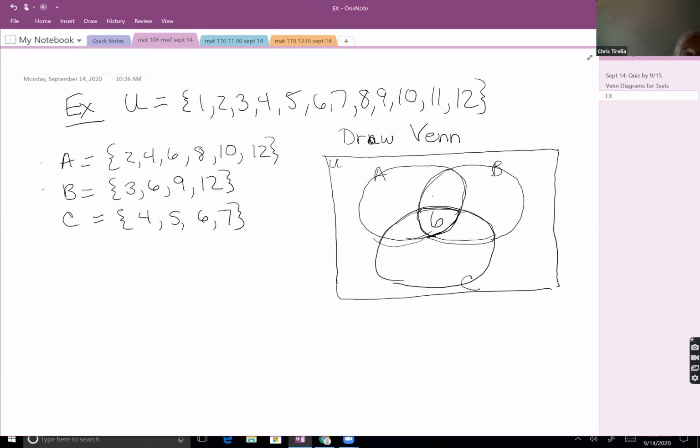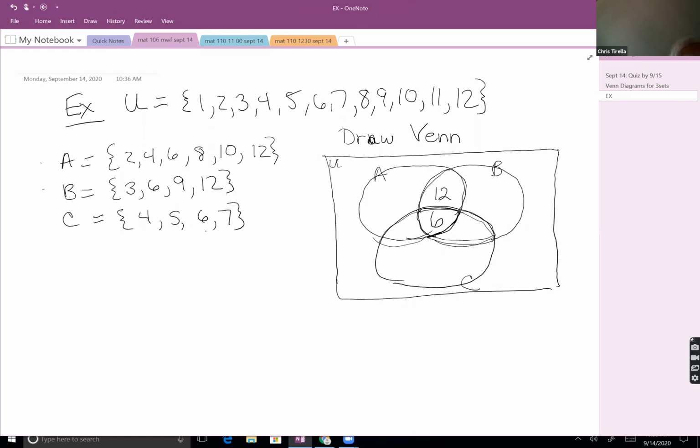If I start here, this would be what A shares with B. A and B share 6, but it's in there already. Do they share 12? 12. Then I want to look over here where B and C overlap. B and C share 6.